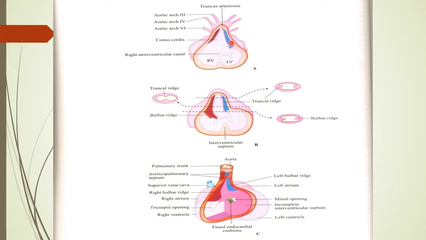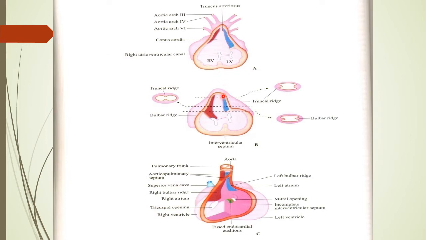In these diagrams, you can see the bulbar ridges appearing in the conus cordis and truncus arteriosus. In the region of conus cordis, they are sometimes called conal ridges, but as a whole, these ridges appearing in the conus cordis and truncus arteriosus are called bulbar ridges.